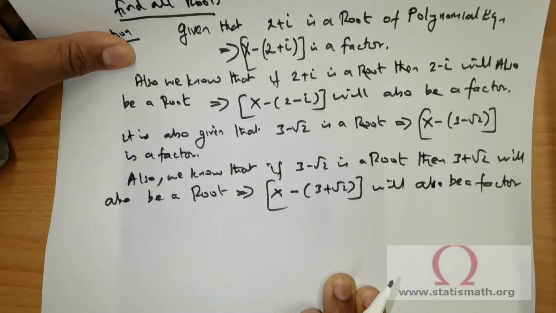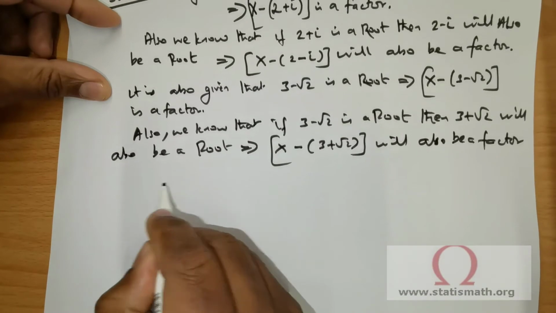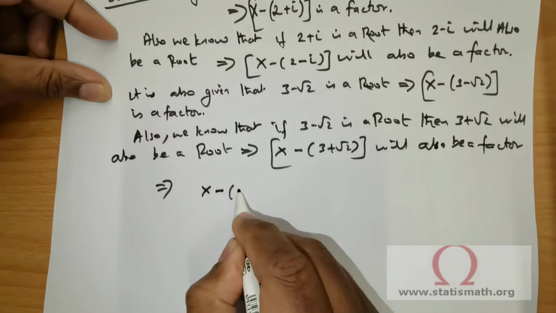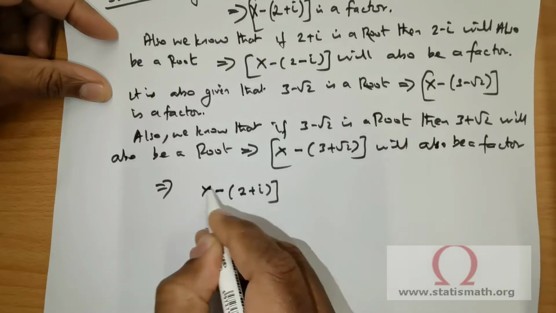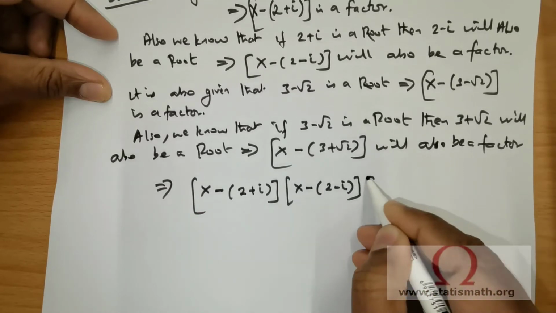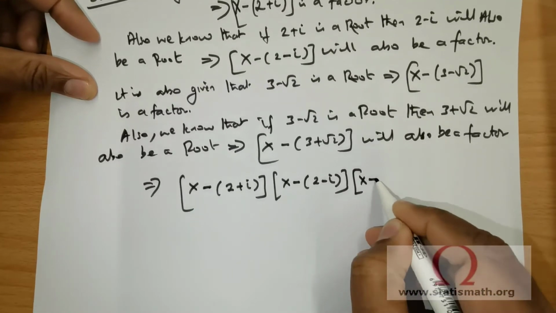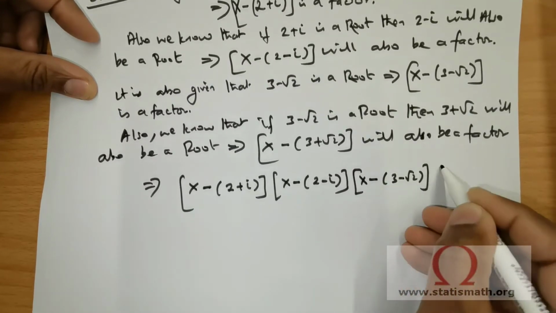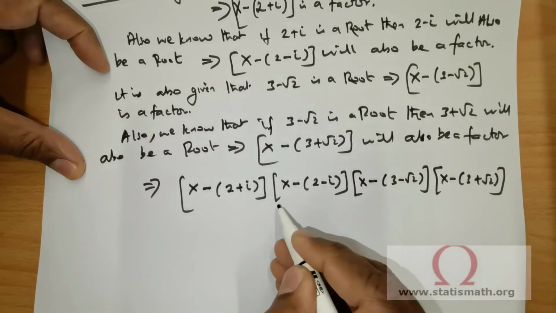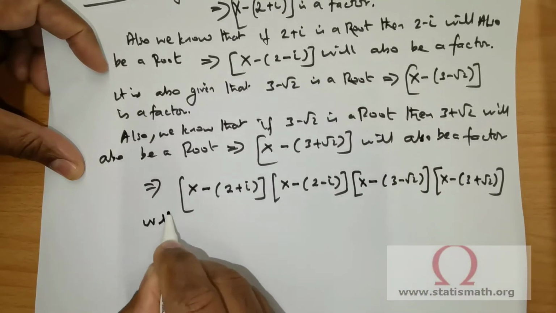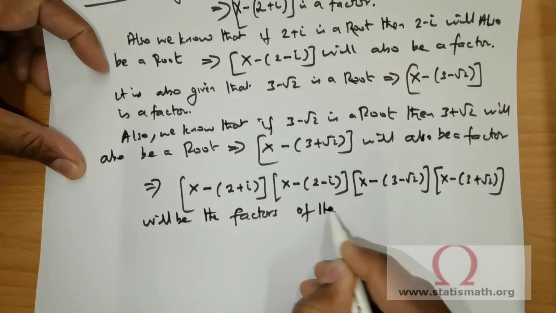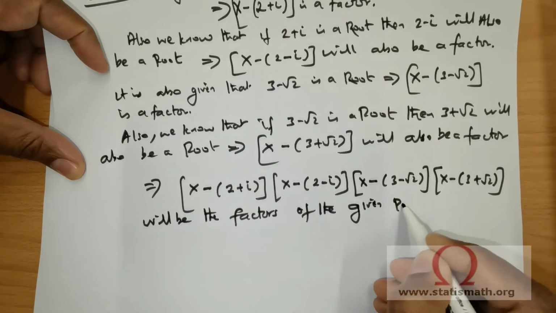So having obtained this would mean that x − (2 + i) is a factor, that multiplied with x − (2 − i) is a factor, that multiplied with x − (3 − √2) is a factor, and x − (3 + √2) is a factor. So all of these will be factors of the given polynomial.